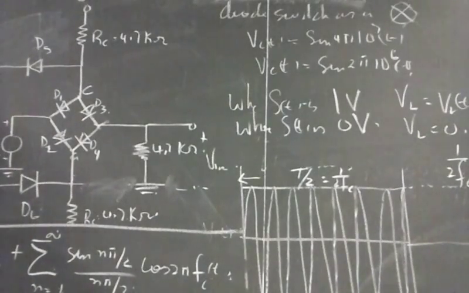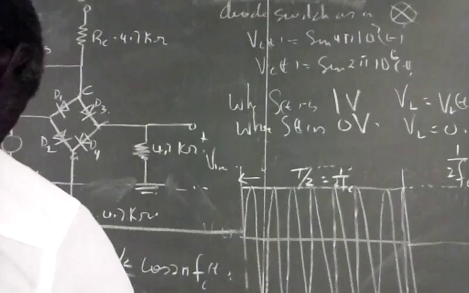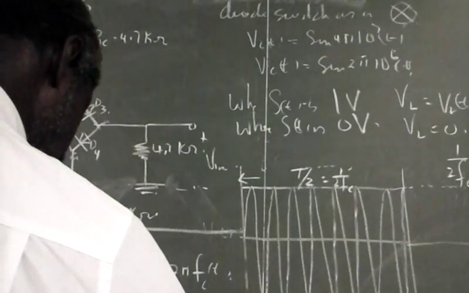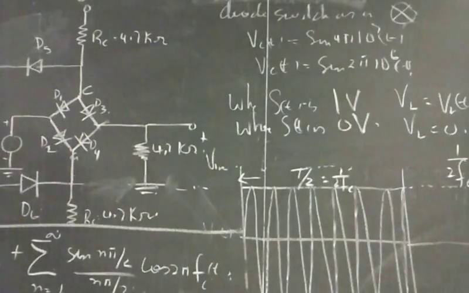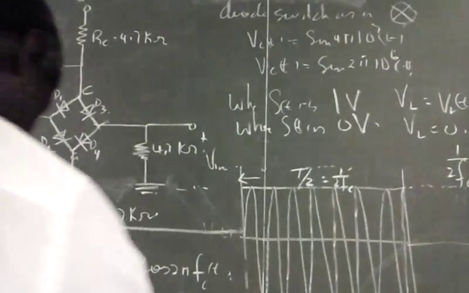Right, thus VL of t is equal now to S of t times Vi of t, that's equal now to 1/2 Vi of t plus the summation, let's write this below here, of sine, cosine, 2 pi.